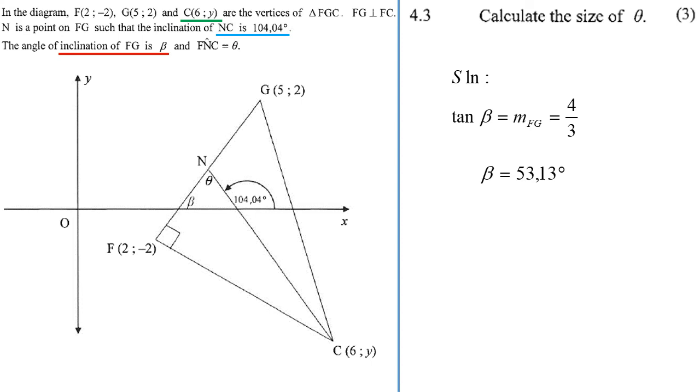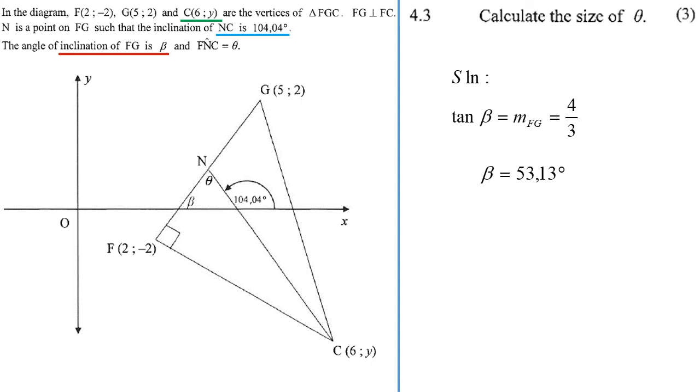53.13 degrees. We will normally round off our answers to 2 decimal places unless stated otherwise. Even in the instructions on your question paper, it will be written to round off your answers to 2 decimal places unless the examiner indicates rounding to 3 decimal digits or 1 decimal place.